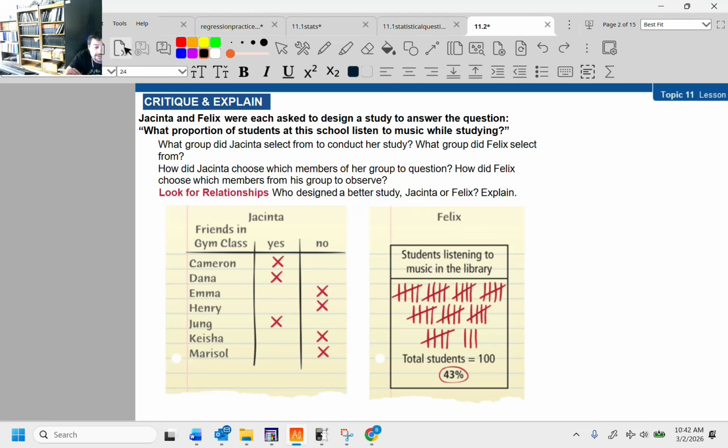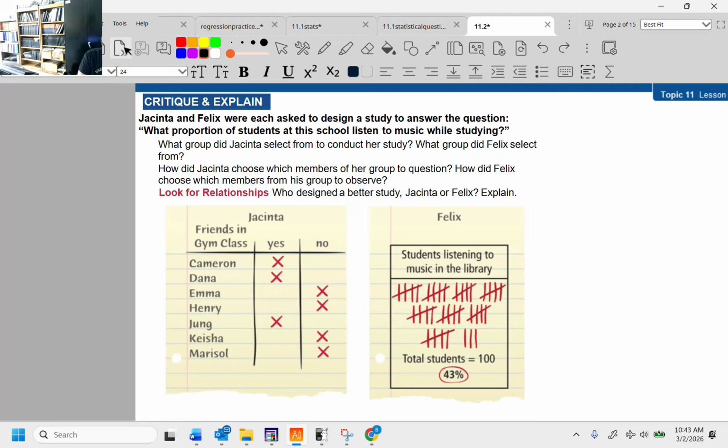Let's see here. Jacinta and Felix were each asked to design a study to answer the question, what proportion of students at this school listen to music while studying? So Jacinta, she talked to her friends in gym class. How many are there total here?